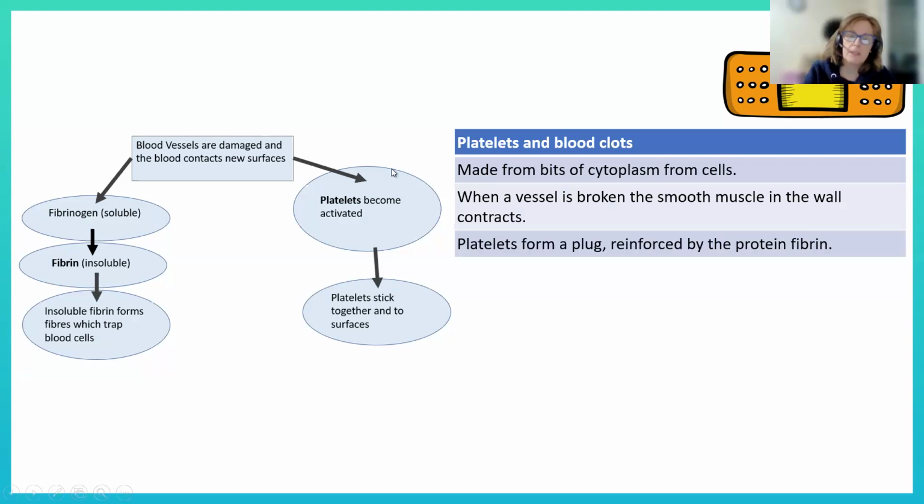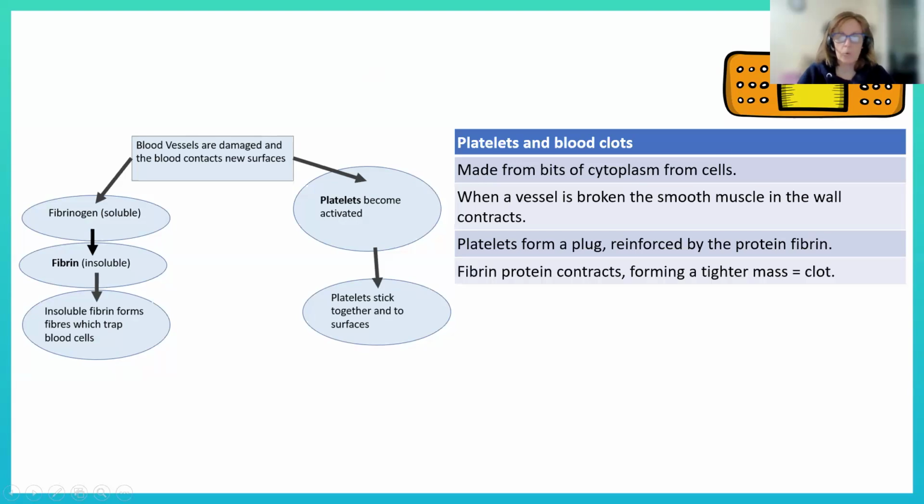The vessel itself will contract as well, because there's smooth muscle in the walls of the vessels which will contract. This is caused to contract, obviously, by chemicals. This isn't something we can control. It just happens as a result of the chemicals. And these platelets form this plug, which is reinforced by these fibrin fibers, and it will block any holes.